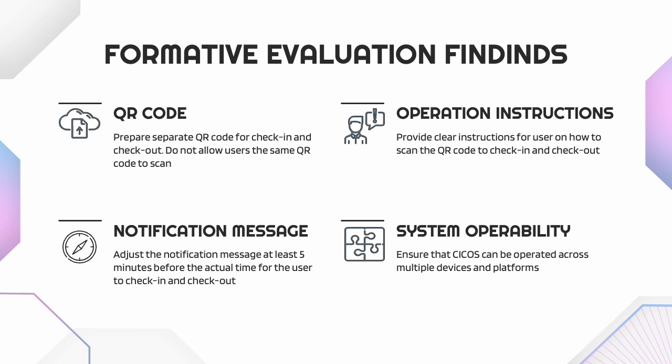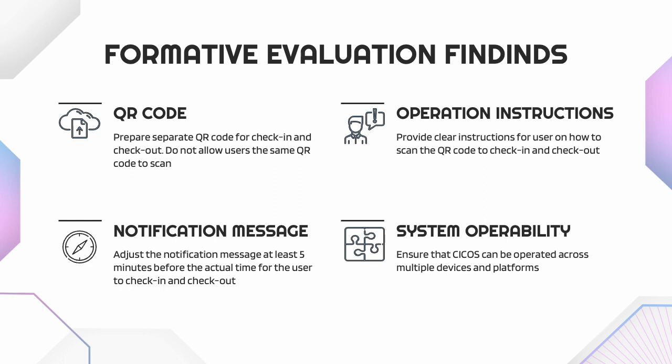This is the finding that we got from the formative evaluation. Something like the QR code: we have to prepare different QR codes for the check-in and check-out system. And the second one is we have to make good instructions for the system, because we found out that some users found it a little bit difficult to understand how to use this system, because the instruction is quite loose.